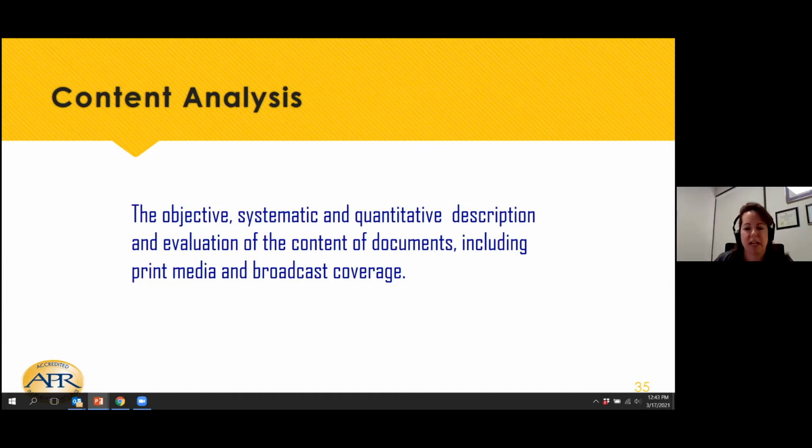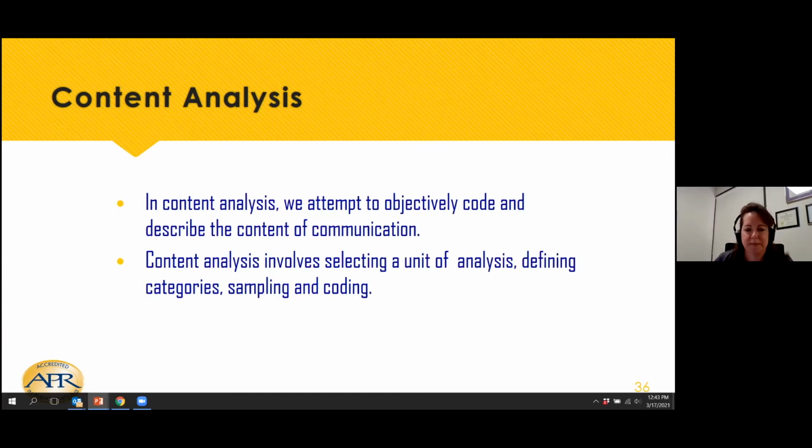So you're looking at your coverage from the media. In content analysis, you're looking to objectively code and describe the content of the communication. Content analysis involves selecting a unit of analysis, defining categories, sampling, and coding.